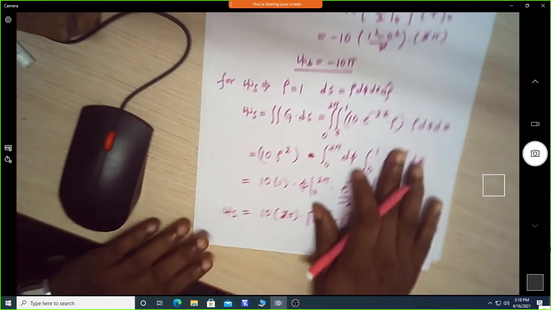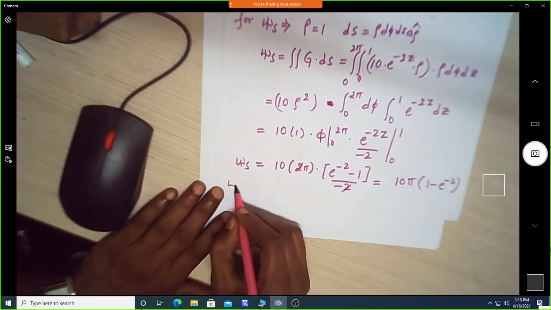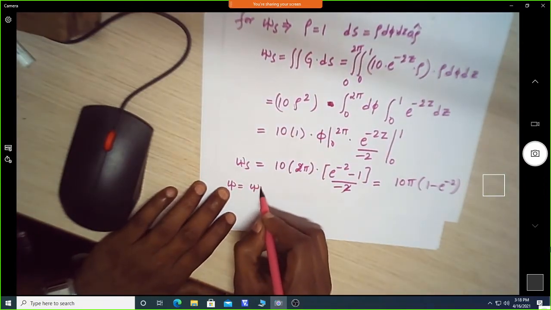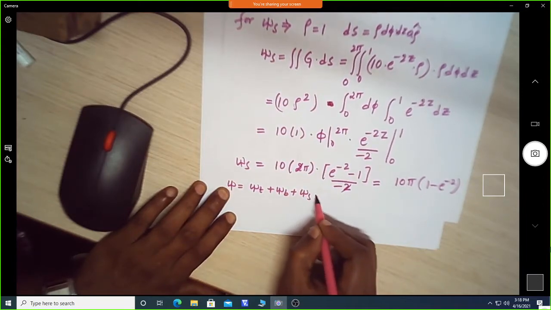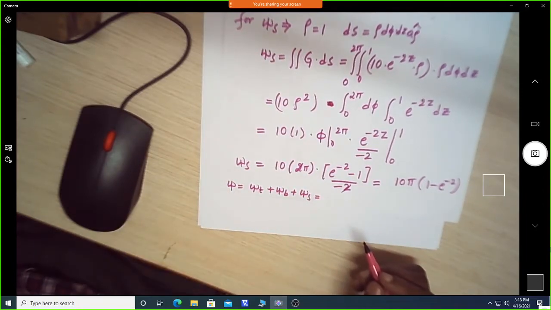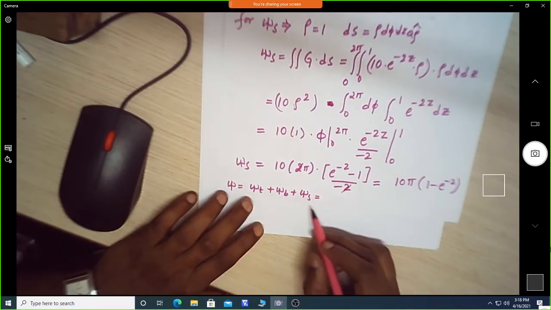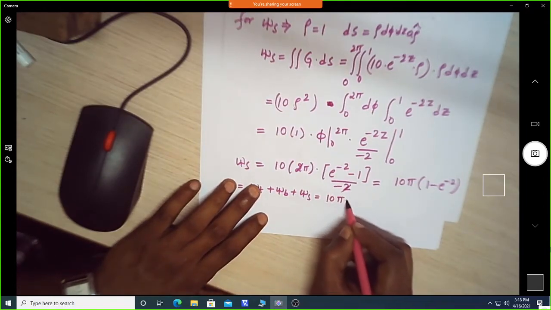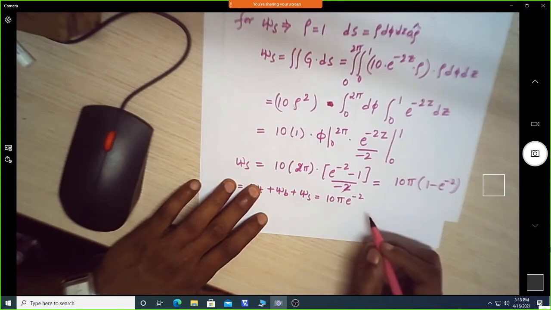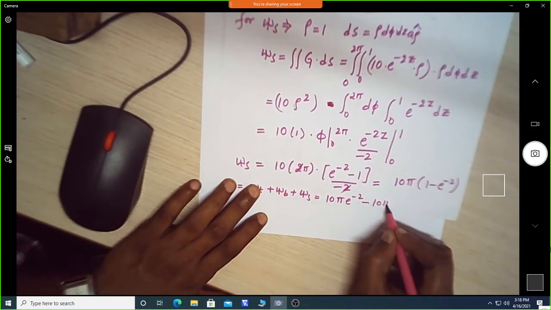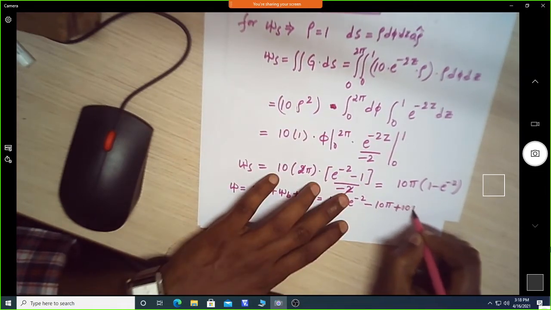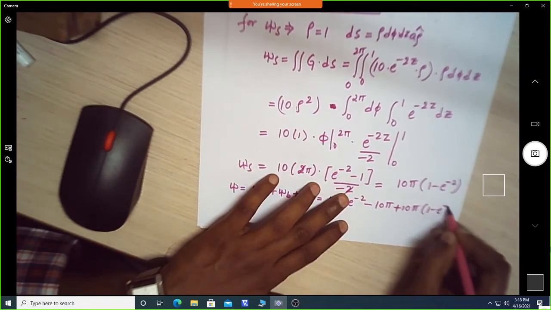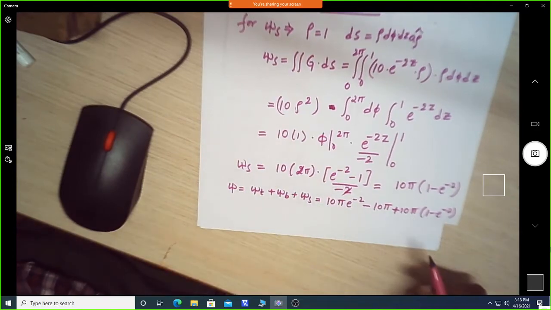Now if I add all these things, the total flux is from top and bottom plus the curved surface. The flux through the top surface is 10 pi into e power minus 2, minus 10 pi from the bottom surface, and plus 10 pi into (1 minus e power minus 2) from the curved surface.